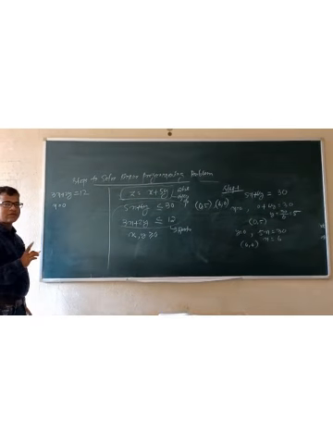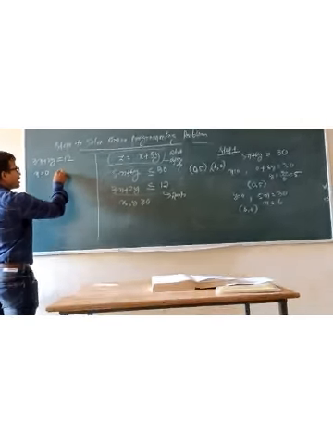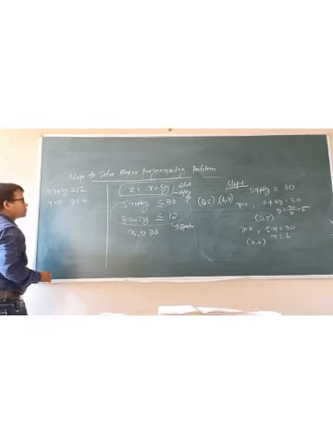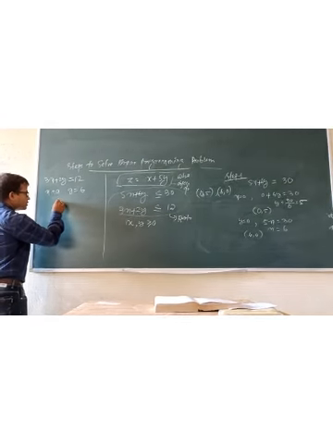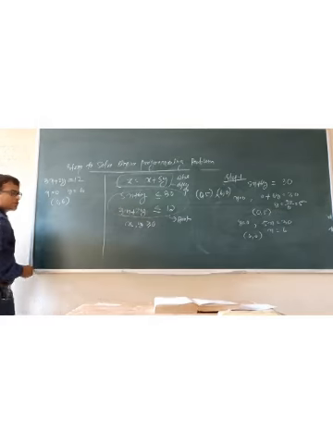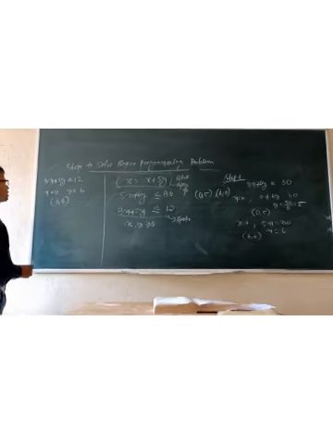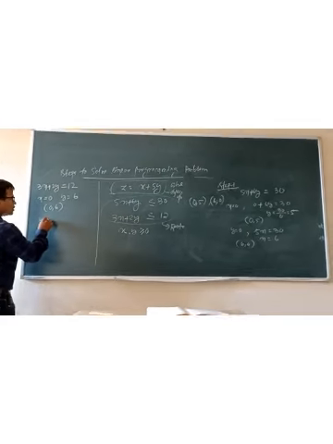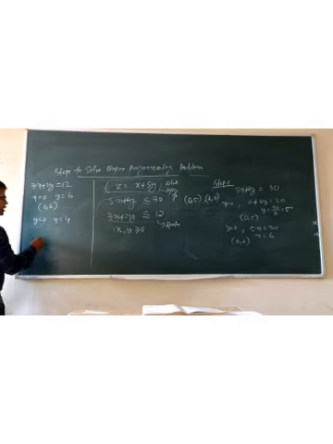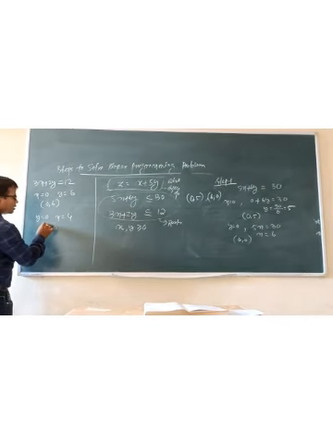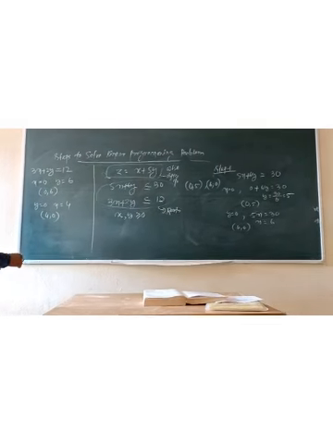After putting x equals 0, we get y equals 6. The coordinate is 0, 6. Similarly, if we put y equals 0, then x value is 4. The coordinate is 4, 0.